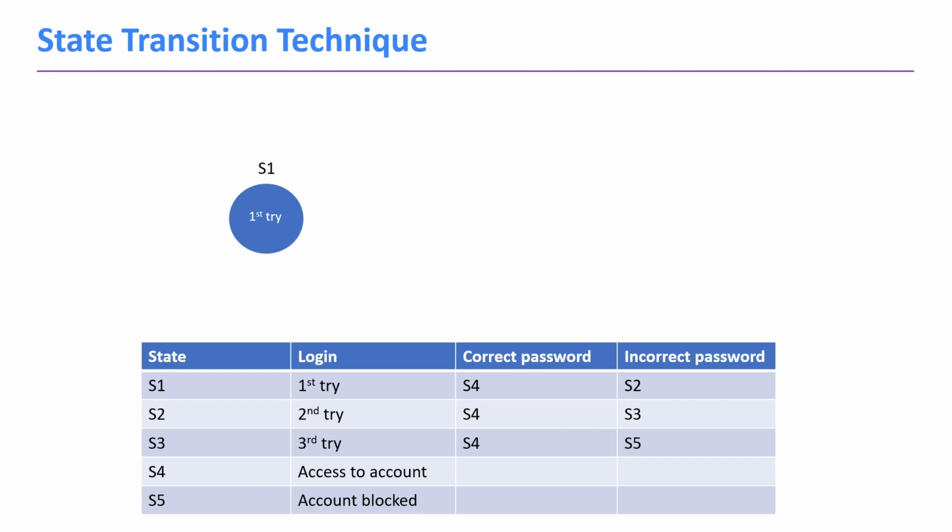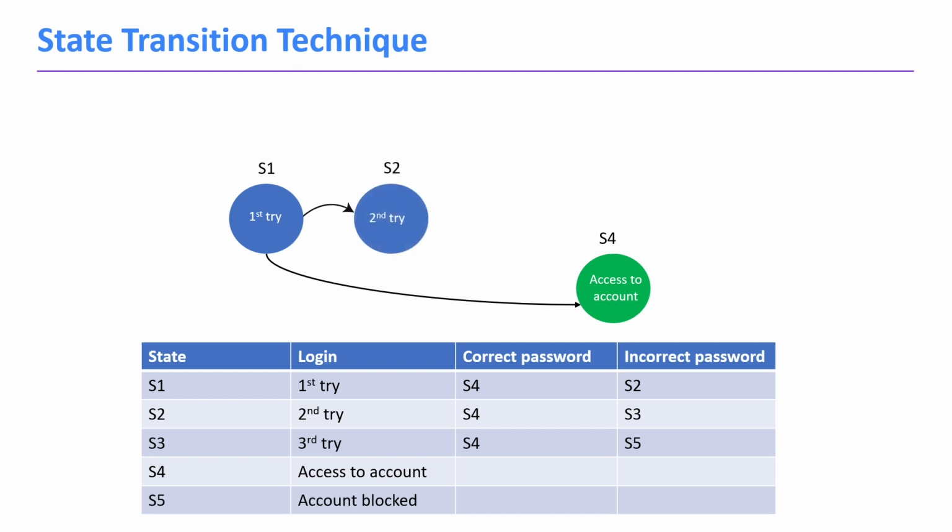In this scenario, we will apply the state transition technique. Let's consider state 1 as the first try. In the first try, if we give the valid password, then he will get access to his account, which goes from state 1 to state 4. If in the first try he enters an invalid password, then he will get a second try, which is state 2. If in the second attempt he enters the valid password, then he will get access to the account.